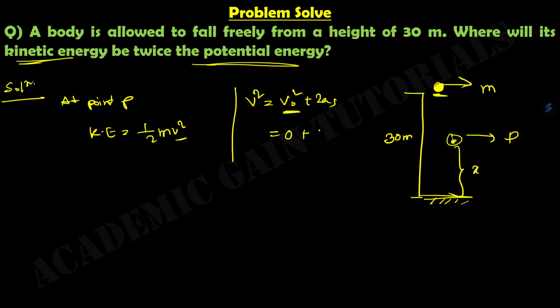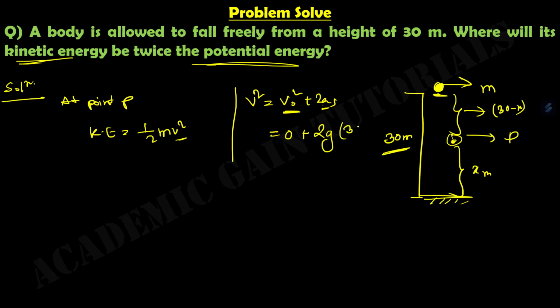The body falls due to the gravitational force, so we use gravitational acceleration g instead of a. And how much distance does it travel? The distance from the ground to this point is x meters, and the height of the tower is 30 meters, so the distance traveled is 30 minus x.